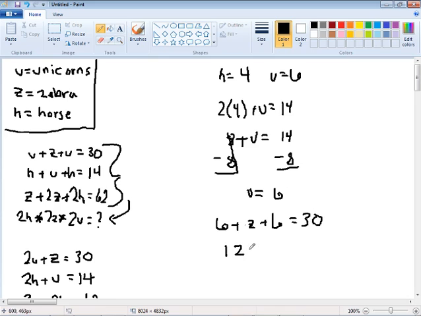Sorry about that. 12 plus Z is equal to 30. Just subtract 12 from both sides. Z is equal to 18.